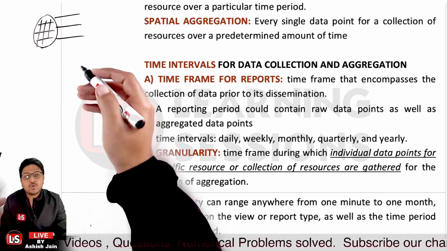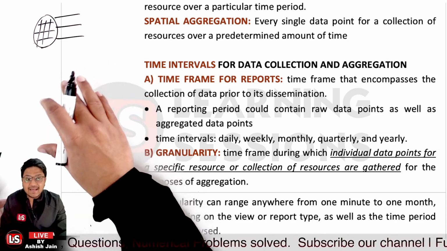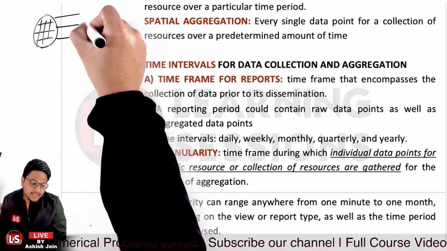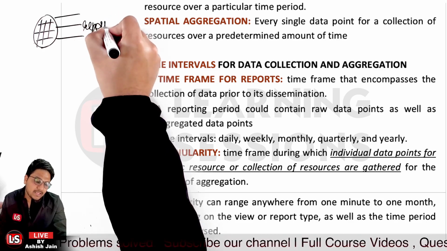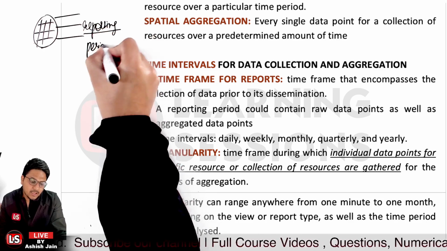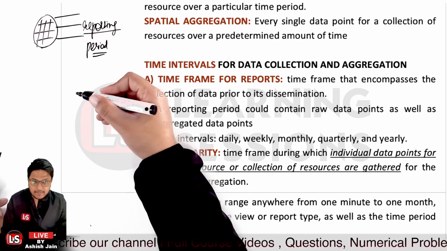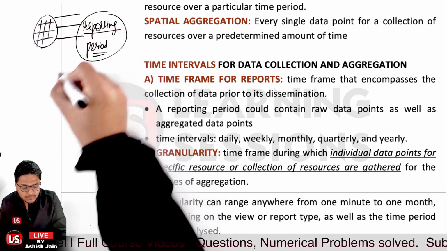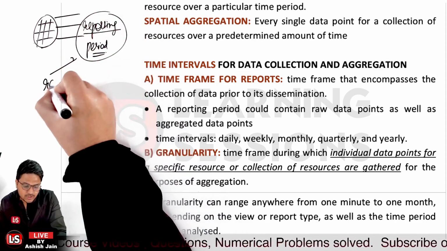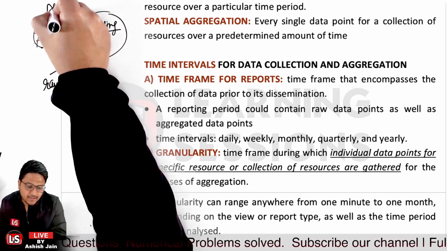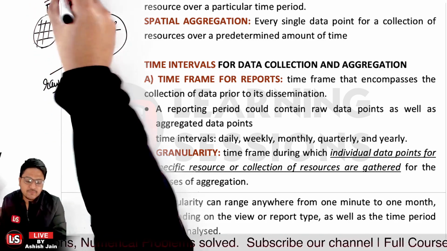So the reporting period could contain raw data points as well as aggregated data points. Let's say you want to aggregate the data for a particular reporting period. For this reporting period we may have raw data, and it may also include aggregate data from different resources and different time frames.